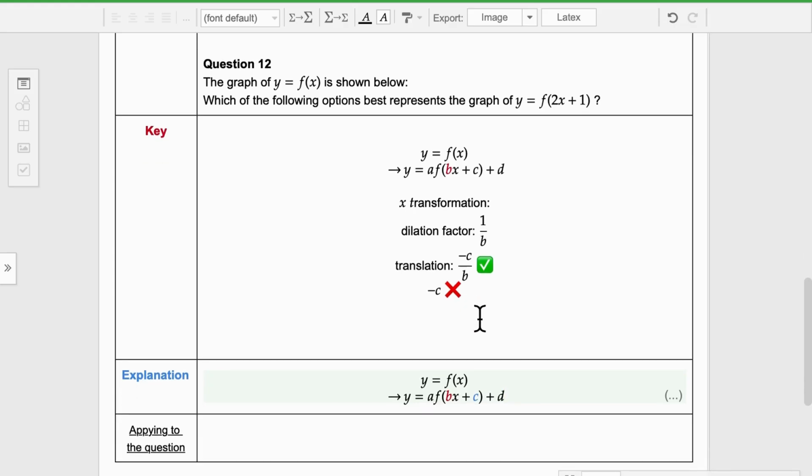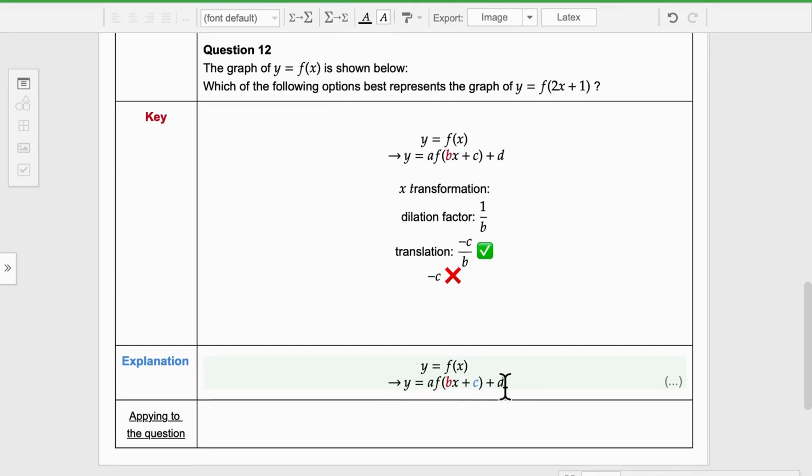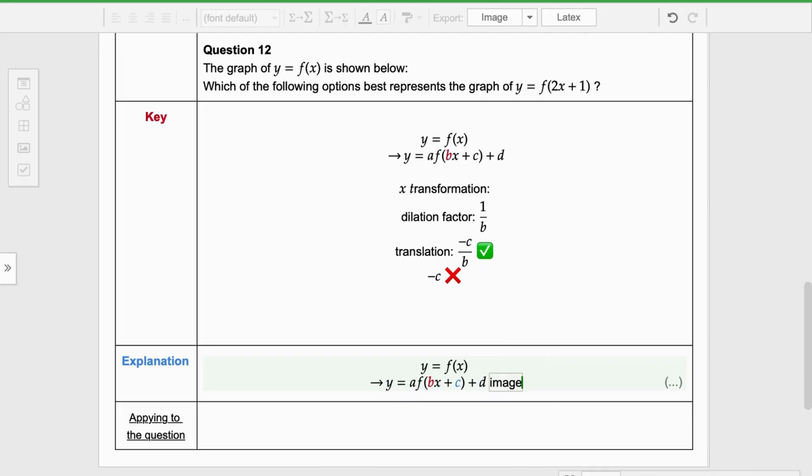This is the original function, and this is the image equation, so I can put x dash and y dash to denote the image.